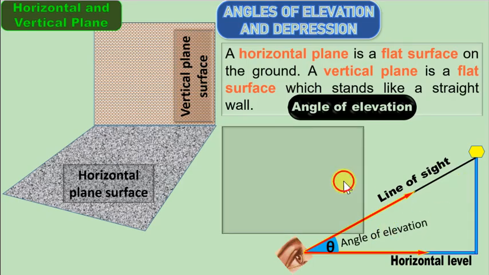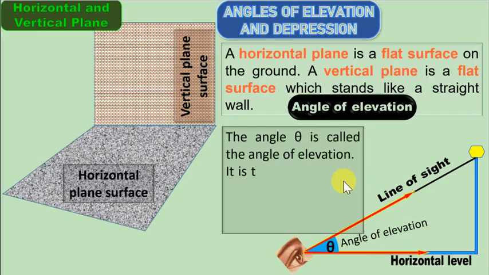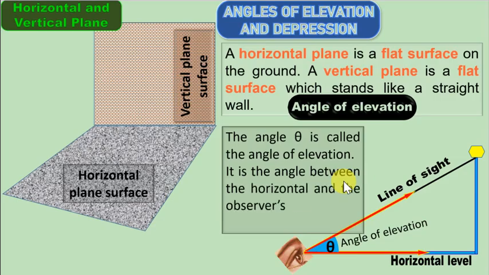What then is the angle of elevation? The angle of elevation is the theta you can see in the diagram. It is the angle formed between the horizontal and the observer's direction of sight. That's the angle of elevation. The angle formed between the observer's line of sight and the horizontal.